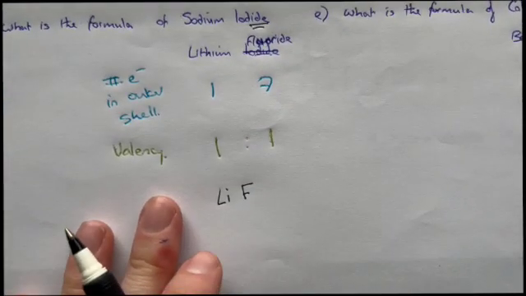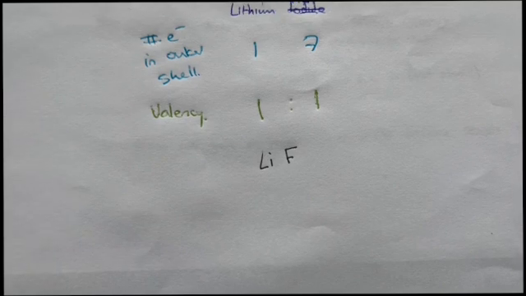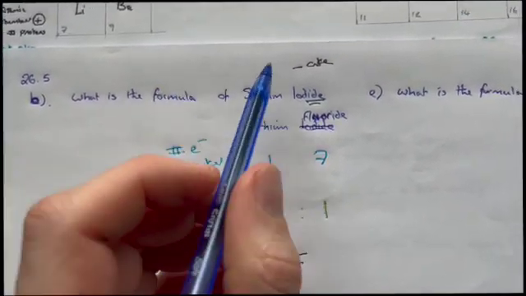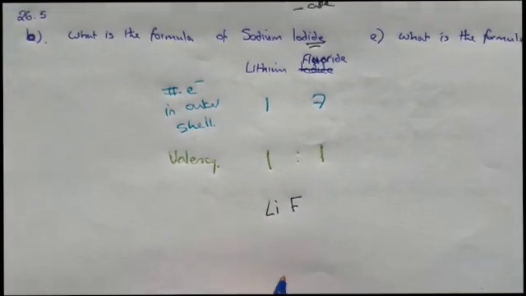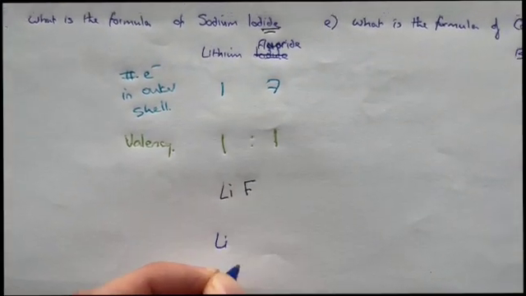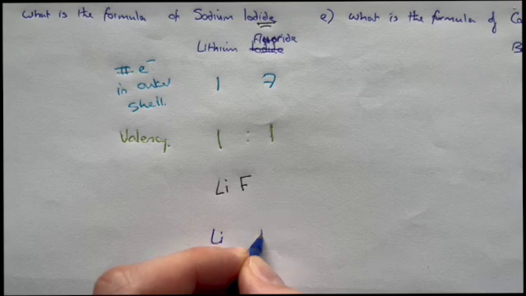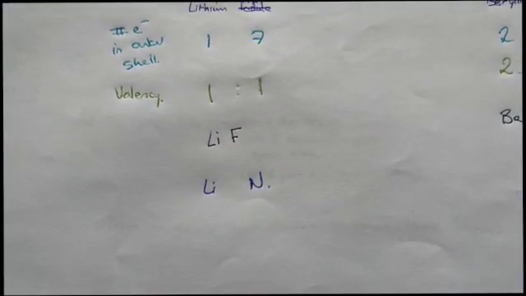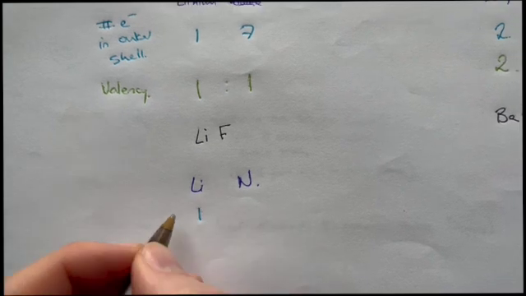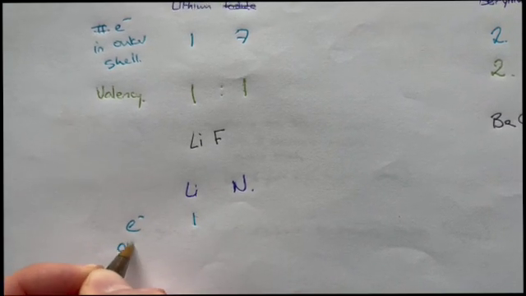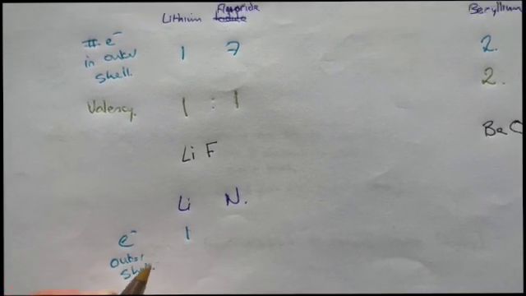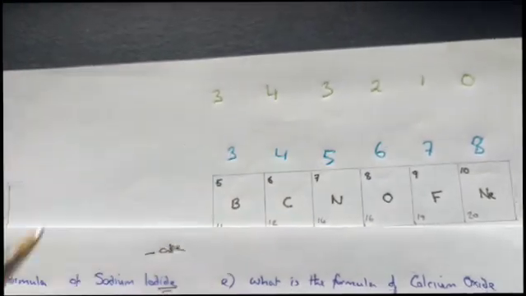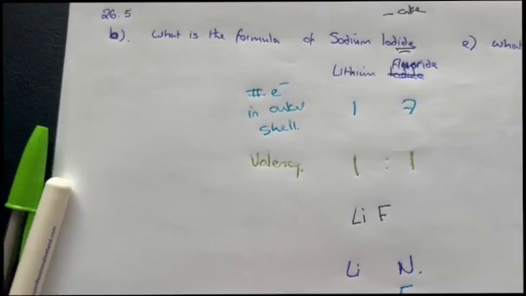Let's choose another way of doing this. We haven't done this yet: let's choose the lithium again, but this time we want to combine it with nitrogen. So here I have 1 electron in the outer shell, and my nitrogen has 5 electrons in its outer shell with a valency of 3.